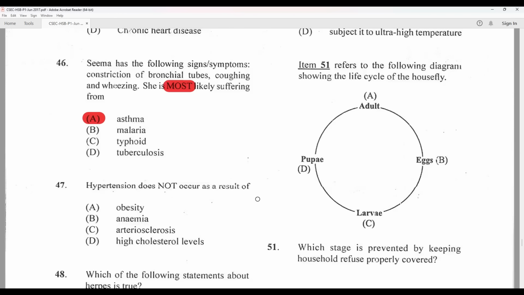Hypertension, which is high blood pressure, does NOT occur as a result of obesity, anemia, arteriosclerosis, or high cholesterol levels. The only one that has nothing to do with hypertension is anemia, which is a deficiency in your red blood cells.